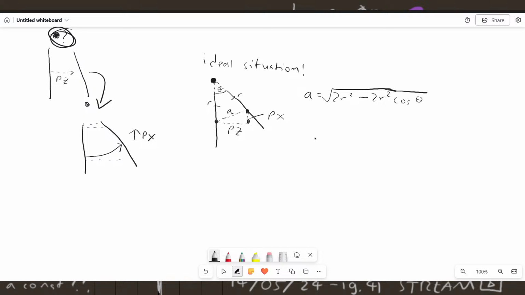That's our A value. And if you notice, this is also a right triangle right here, so we can do the Pythagorean theorem. So pz squared plus px squared equals this squared, which is just this but cancel the square root, so 2r squared minus 2r squared cosine theta.